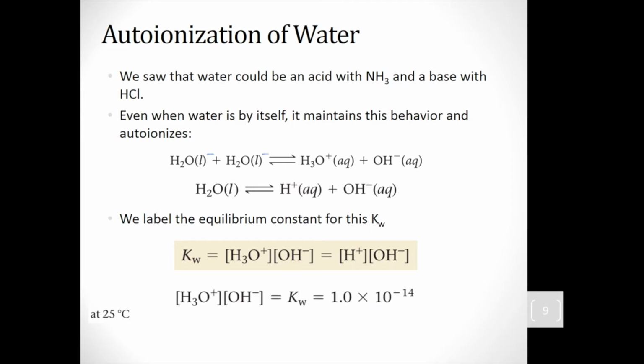We have not written the equation for doing pH yet, but if you remember that pH is the negative log of the H3O plus concentration, well, the negative log of 1 times 10 to the minus 7th is 7. That means that it's a neutral solution. All right.